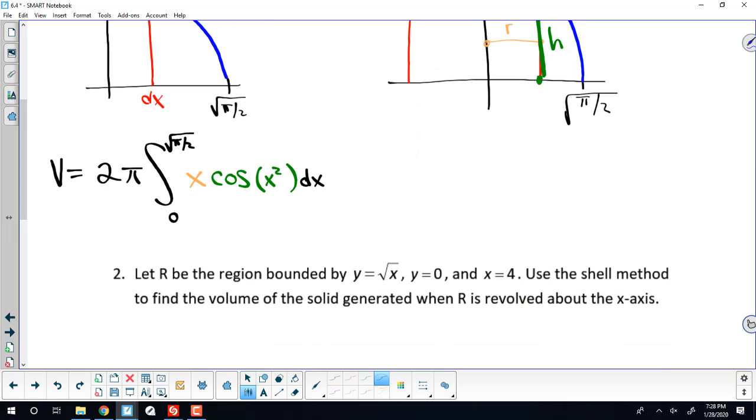Let's see if we can fit this here. So what are we gonna let u equal? X squared. Yeah, x squared, because it's a constant times its derivative, setting out as the x. So u is x squared, du is 2x dx, or 1/2 du is x dx.